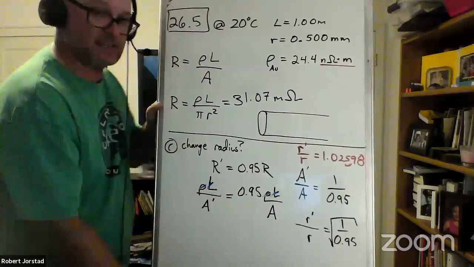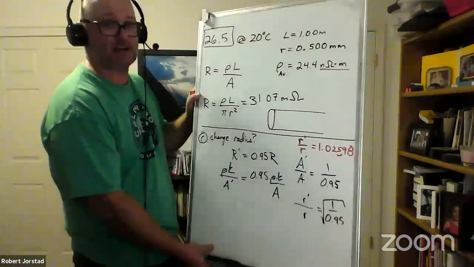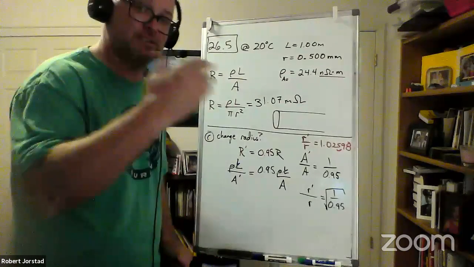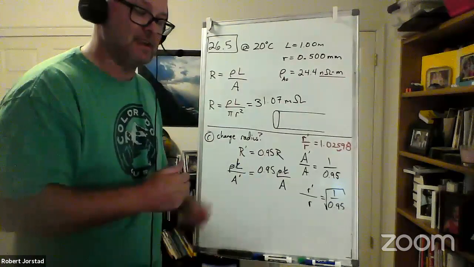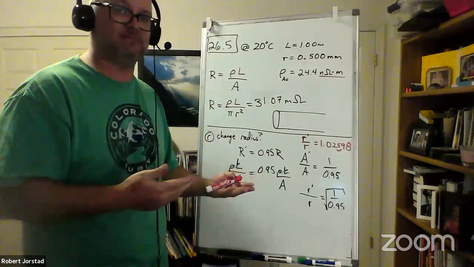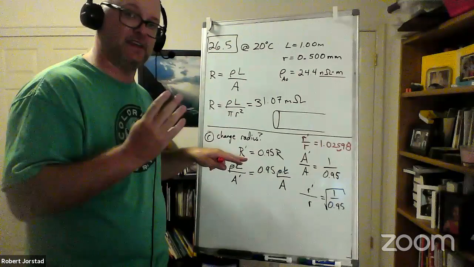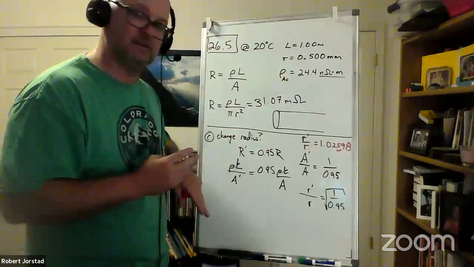Saying the area gets 5% bigger is approximately right. But the more you increase that percentage, the worse that approximation gets. Increasing the area by 1% is almost identical to 4 sig figs to reducing the resistance by 1%, but 5% not quite.